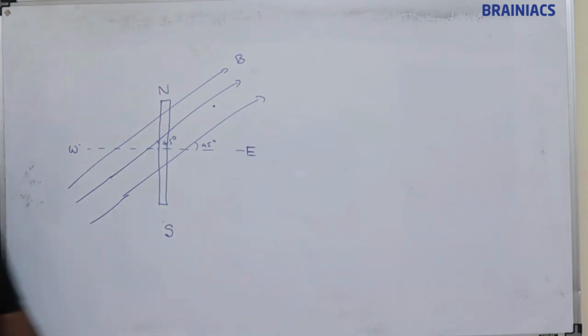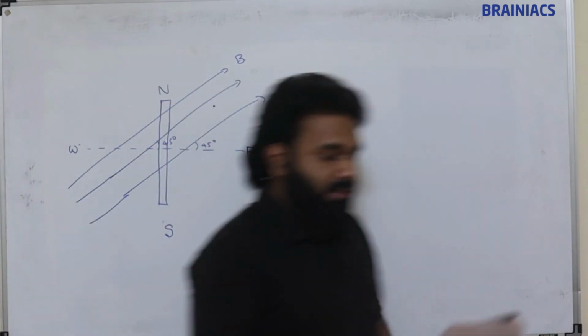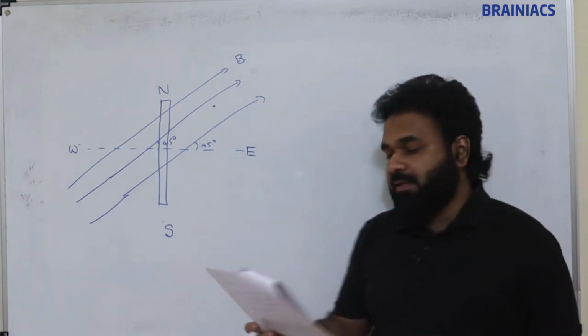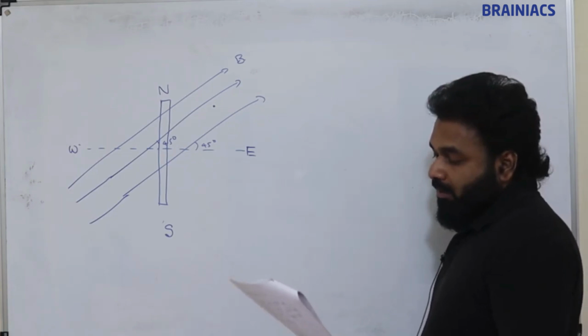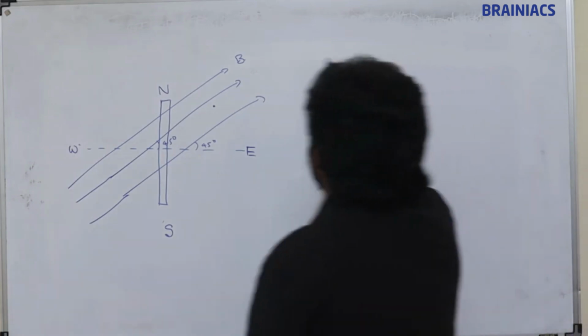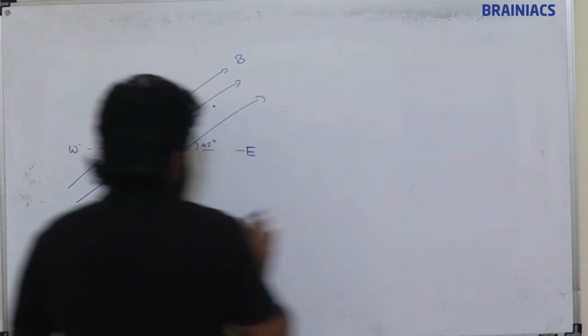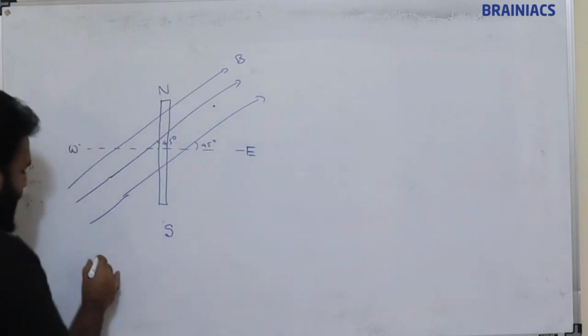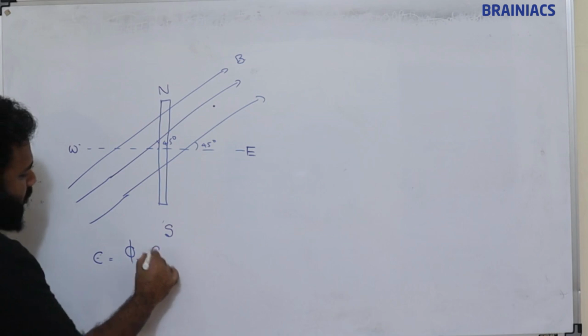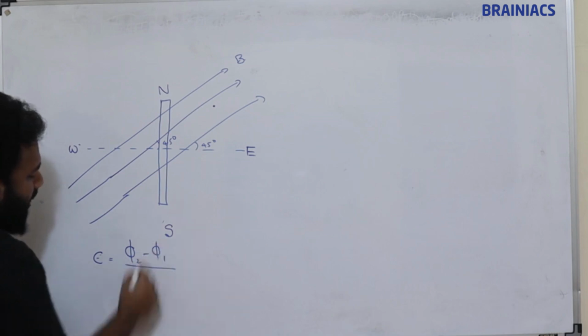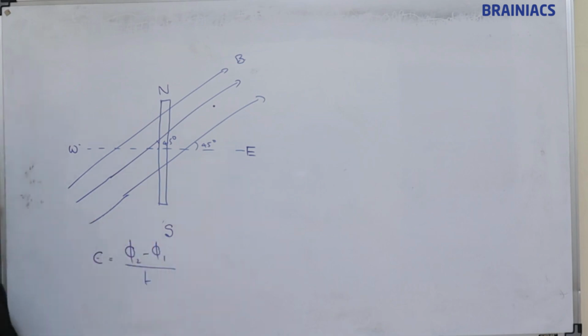Now what extra data is given? The magnetic field is decreased to 0 in root 2 seconds. Determine the induced EMF. So induced EMF is equal to phi 2 minus phi 1 divided by the time duration.